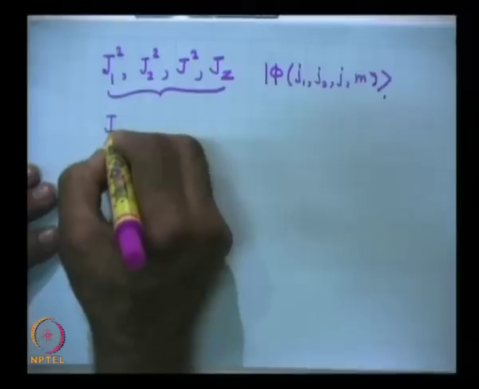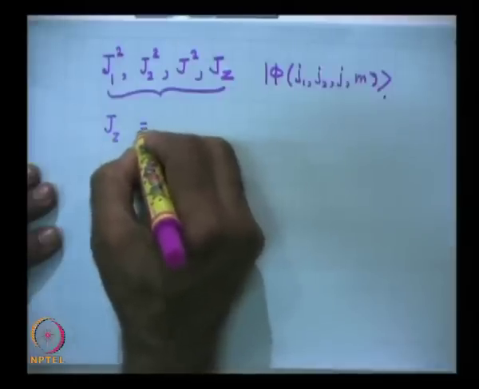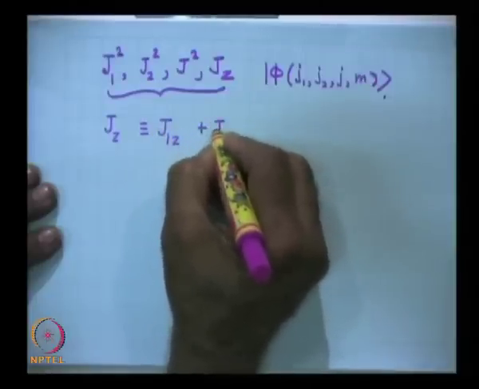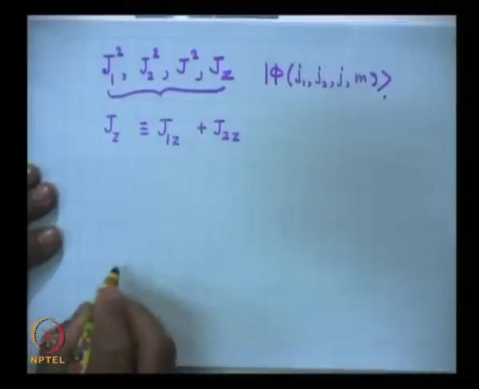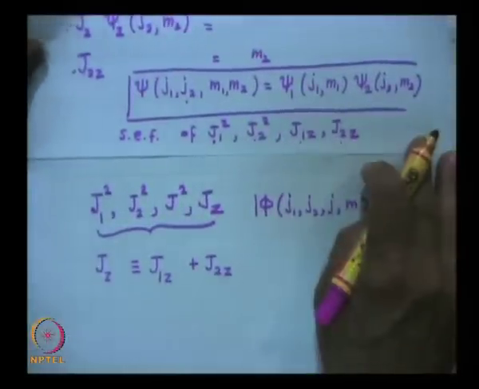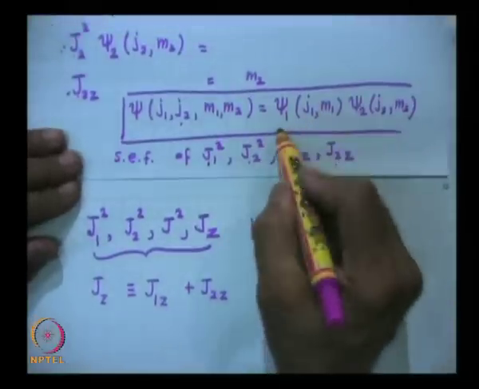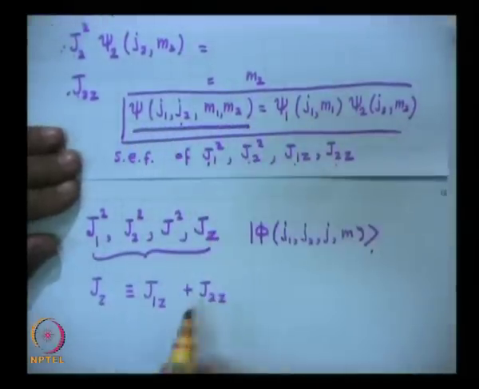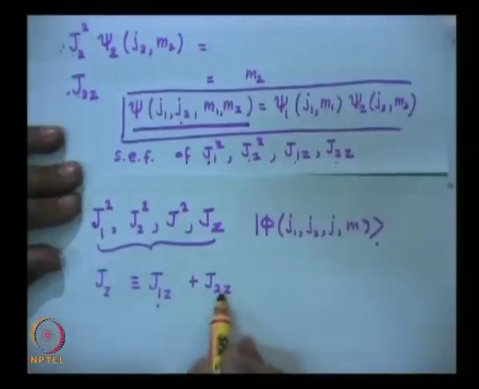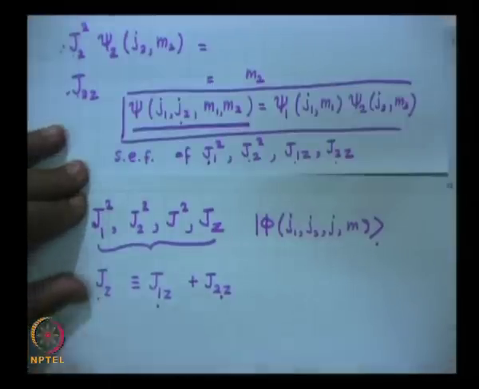Now, let me give you an example, but before that let me mention what Jz is. Jz is defined to be equal to J1z plus J2z. Now, this function psi |J1 J2 M1 M2> is an eigenket of J1z and J2z, and therefore, it is an eigenket of Jz.